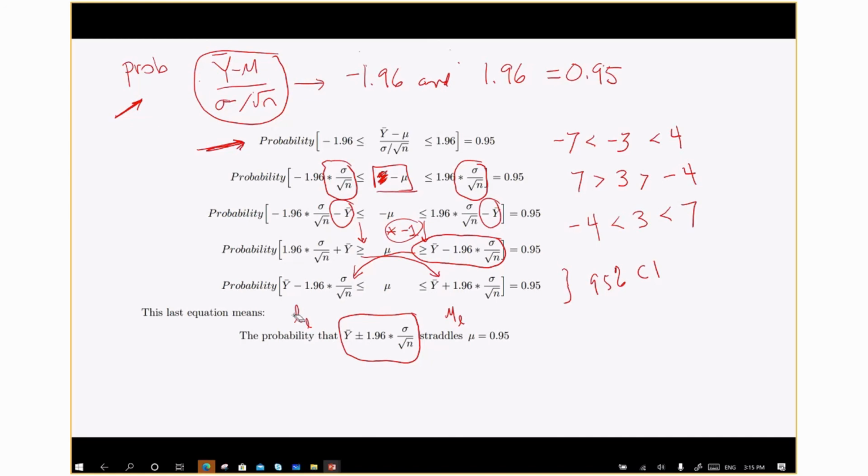It would have been better to have used capital L and capital U, because what we're dealing with is y bar, the random variable. We're dealing with the set of all possible values of y bar plus or minus 1.96 times sigma over root n, which we could have gotten had we repeated the experiment an infinite number of times. So we'll stop there before moving on to the next subsection.